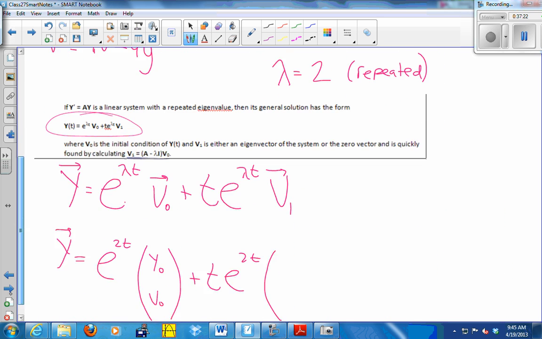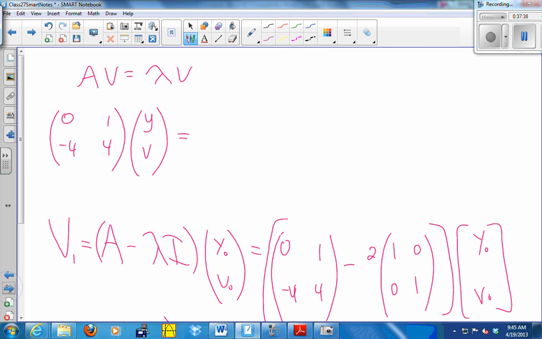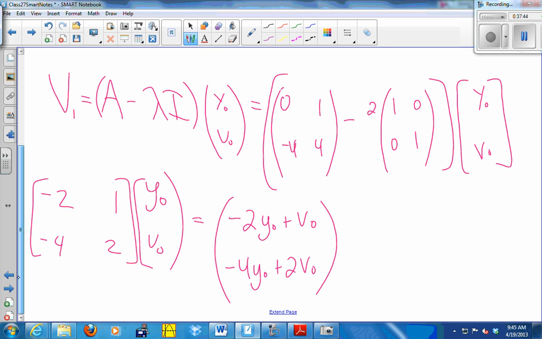So y naught is your initial condition, and it's bold, and it's representing the vector y, v. Oh, right. Yeah, now I feel like we should get it.